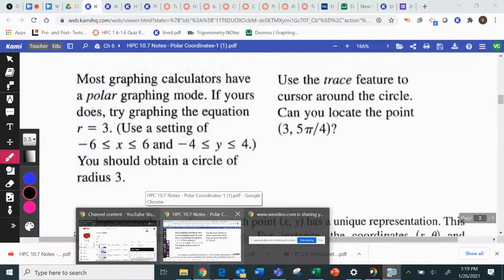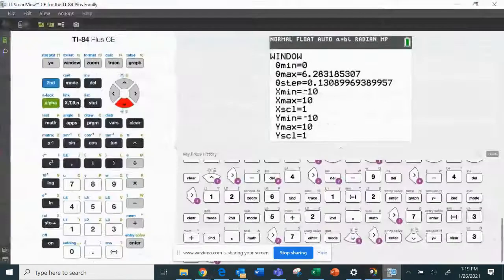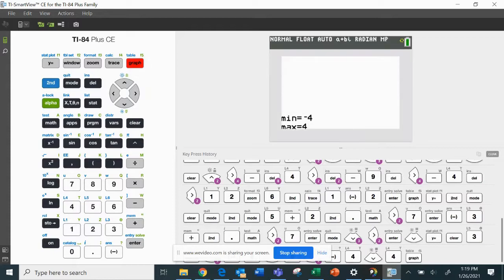The X's are going to go from -6 to +6, and then the Y's are going from -4 to +4. This just makes it so it's not skewed, stretched in one direction. And then you hit graph. It makes a circle.